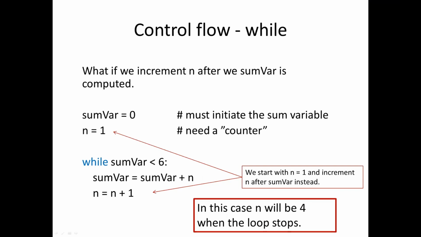That means that when the loop stops running, N will have the value 4. And that is not correct since we reach the cumulative sum of 6 already when N is 3. This example shows that you can write code that gives a result that might seem to be correct, but it is not in this case. So think carefully when you write the code.